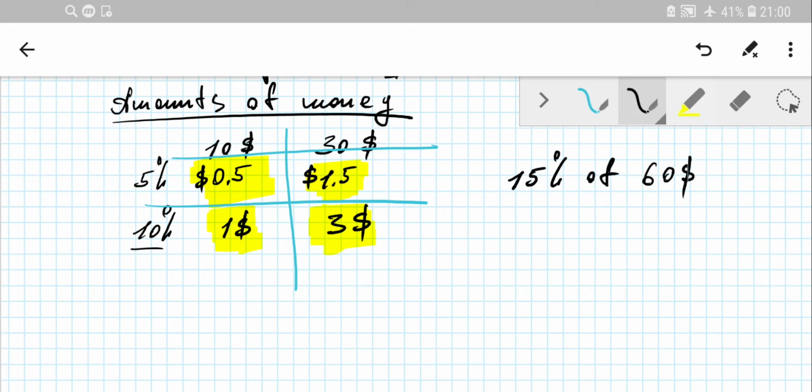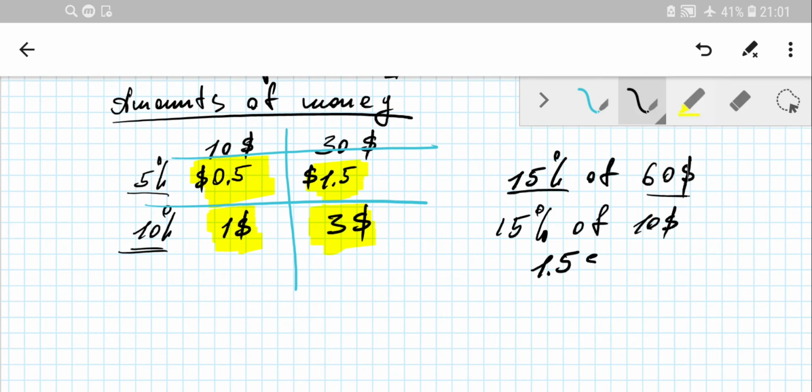Okay, so how does it work? First of all, you have $60. You have the result for $10, right? If you calculate 15% of 10, that's the first strategy you can use. So 15% of $10 is simply 5% and 10% together, so you've got $1.5.